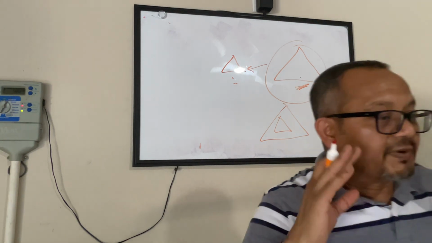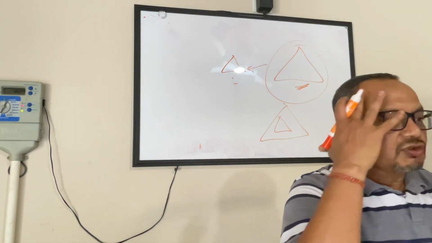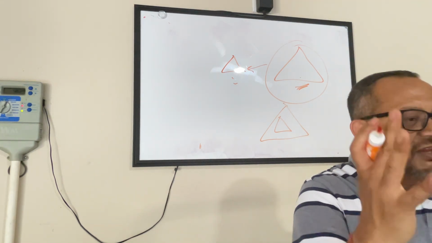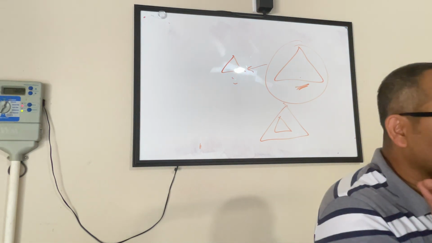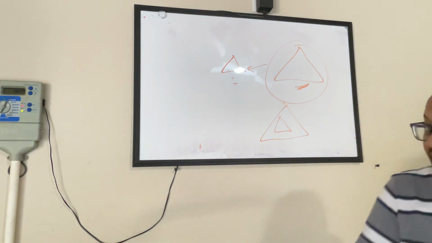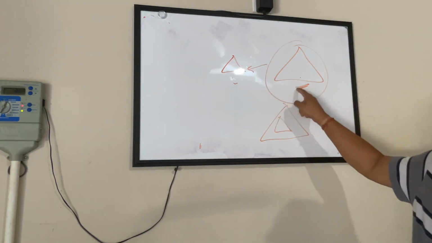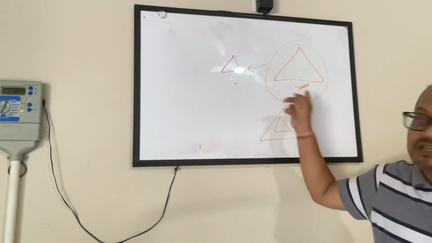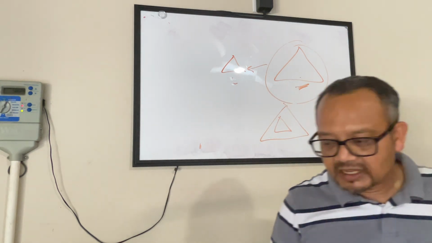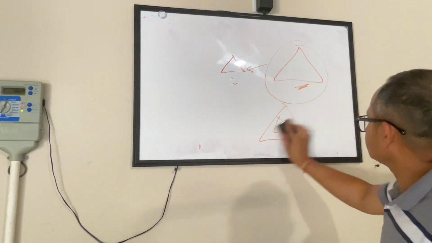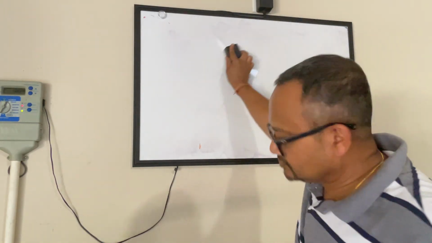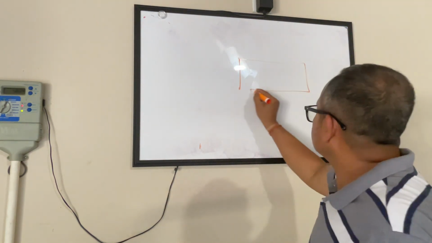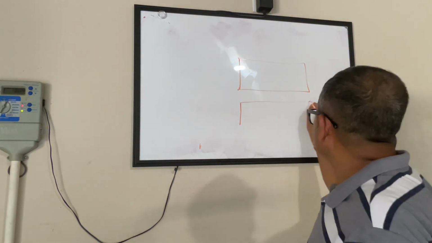Congruence is a property where two shapes are called congruent when each of them can hide the other. It cannot be one way. This one can be hidden behind that one, but the vice versa is not true, so we will not say that these two are congruent. Now, I have a triangle like this, and a triangle like this.